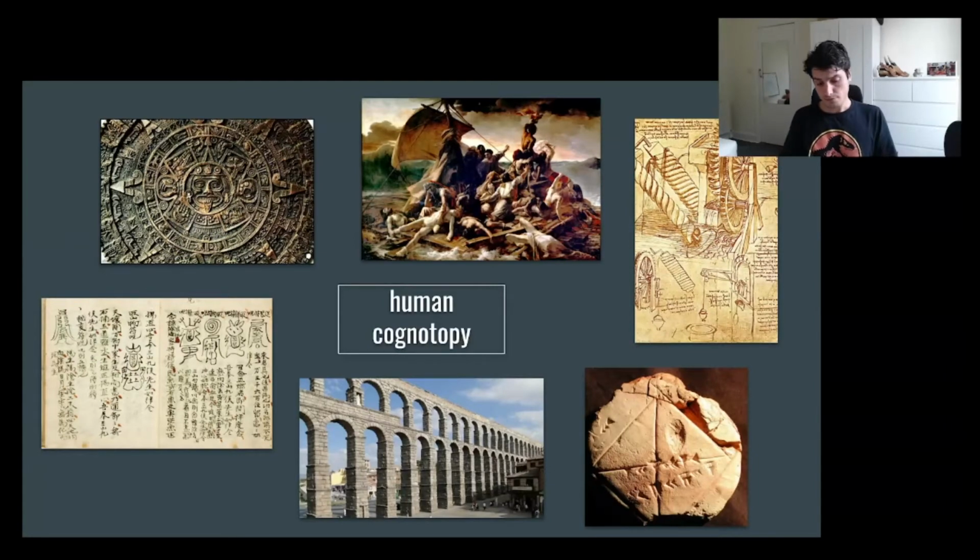So, of course, all written languages, all spoken languages for that matter, all kinds of artistic manifestations, all kinds of tools and devices that have been created throughout history and prehistory are examples of this.